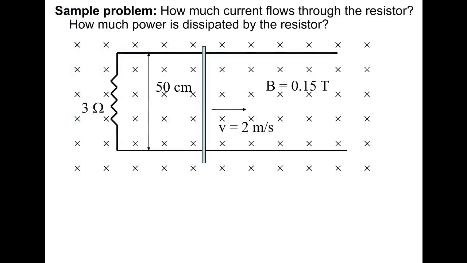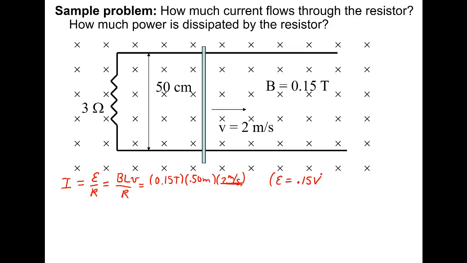Okay, so here's one example, right? How much current is going to flow through this resistor, and how much power is dissipated by the resistor? So first, we're just going to find the magnitude of the current, which is EMF over R. EMF we said is BLV over R, so we just plug in our values, 0.15 Tesla, L is 0.50 meters, v is 2 meters per second, and by the way, as an aside, you can see that the EMF is 0.15 volts.